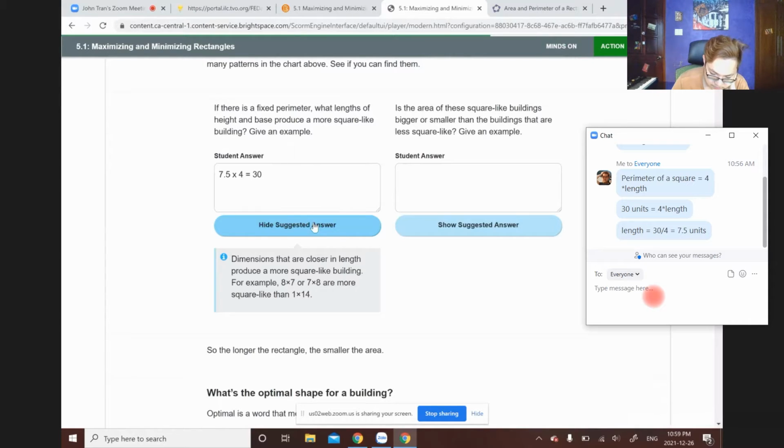So it depends on what the shape looks like and the length and width. Like 14 is the length and the width is 1. Of course the perimeter would win because the area is so small.